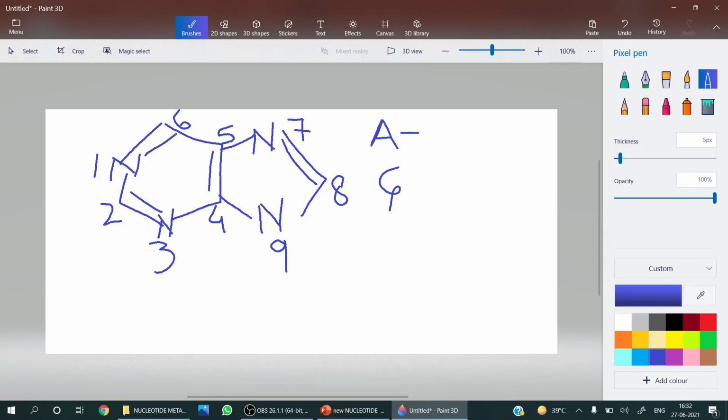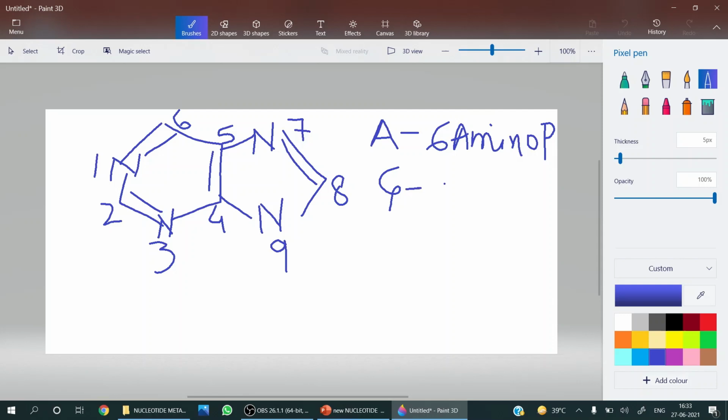Adenine is 6-amino purine. So if you know the other name and if you know the general structure of a purine, numbering is counterclockwise. You can make the structure of adenine.